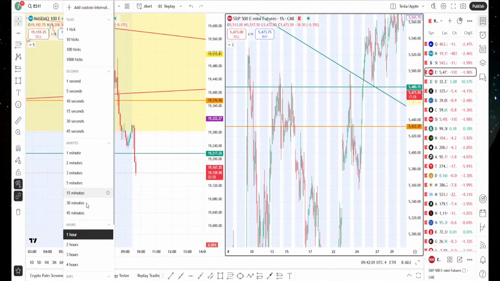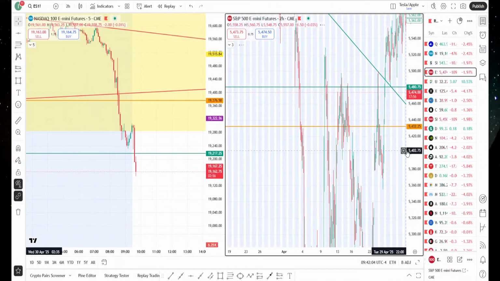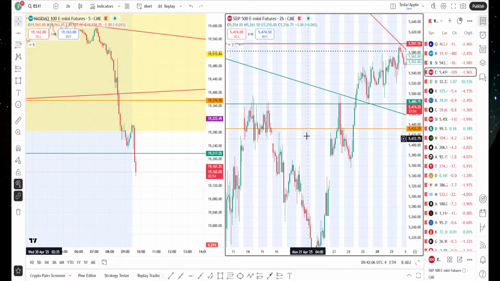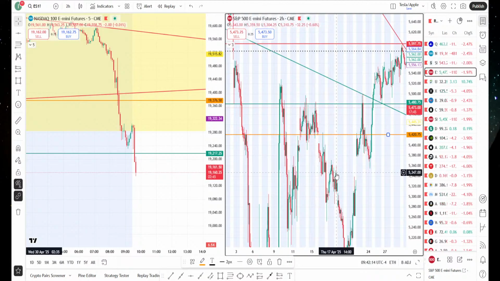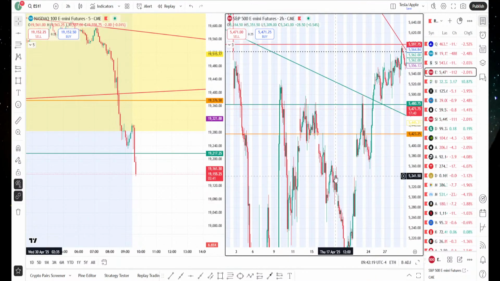Bring it a little bit higher here. Just want to make sure it's a valid key level here. Right there.